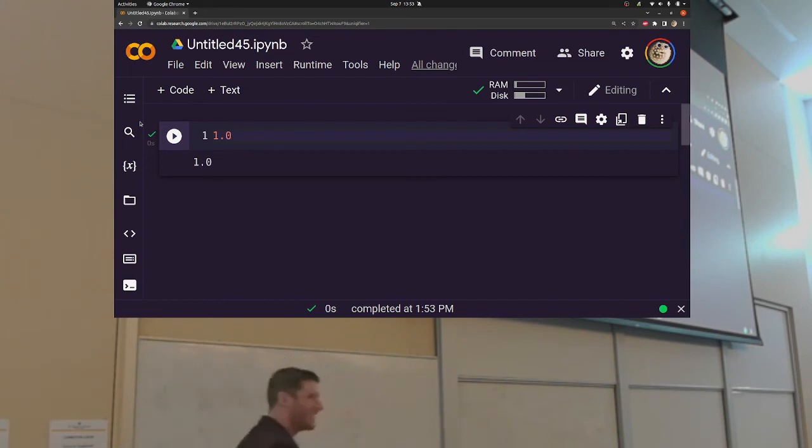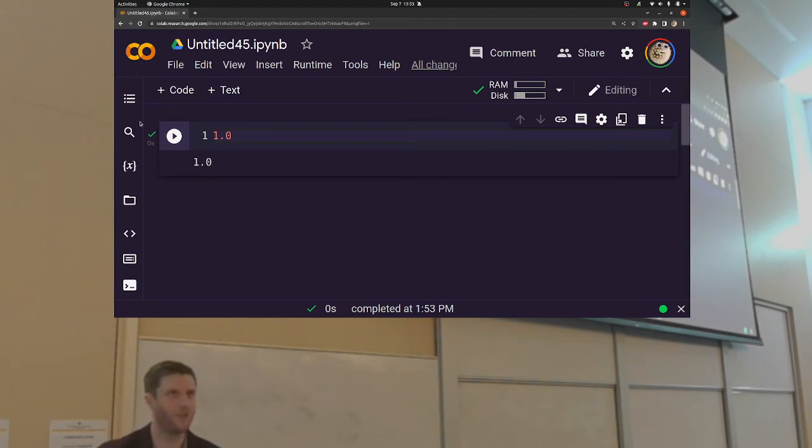But its type isn't an integer. Its type is what we call a floating point number. It's a fancy way of just saying it's got a decimal in it. So numbers that have decimals and numbers that do not have decimals might have the same value, but their types can be different, which is weird.